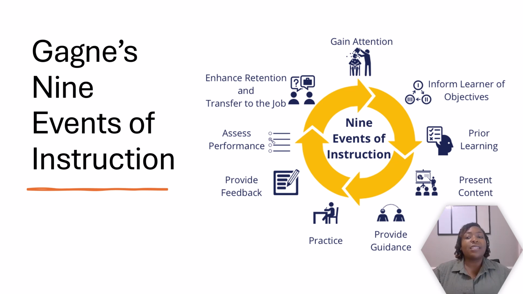This method is still widely used today by instructional designers and educators globally. It allows them to easily apply instructional strategies that cover the foundation needed to help learners effectively learn and retain information. Gagne's 9 events of instruction gives us a proven framework to guide our teaching.